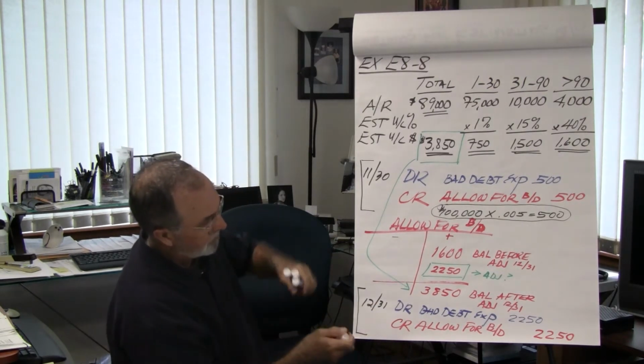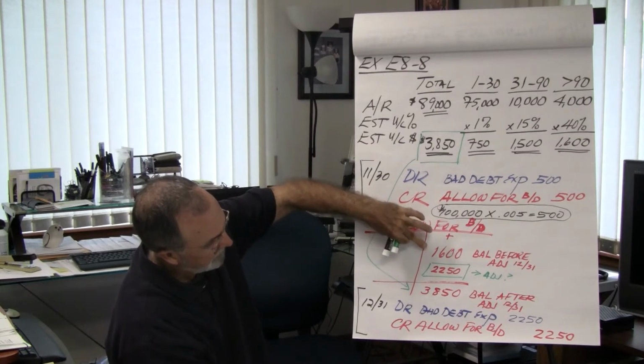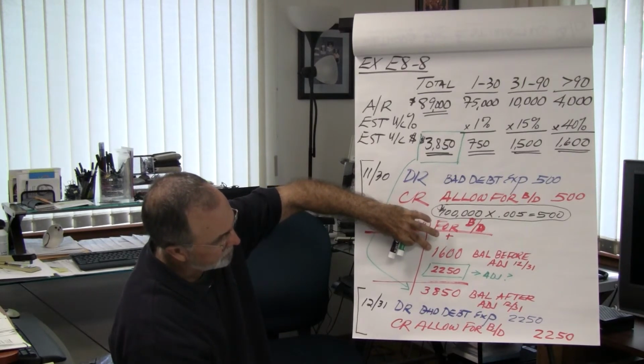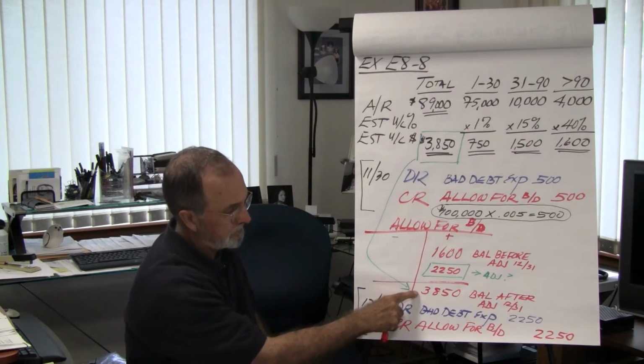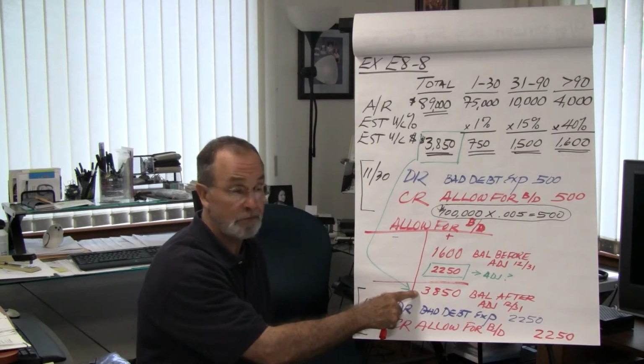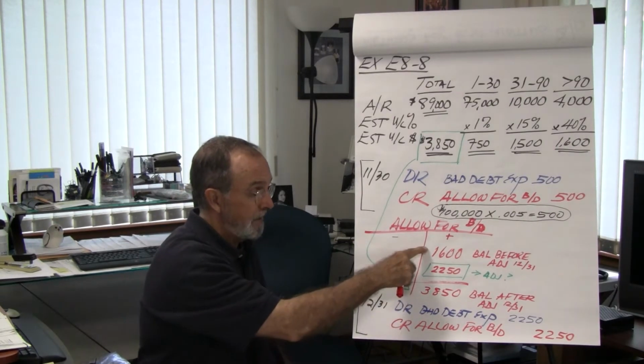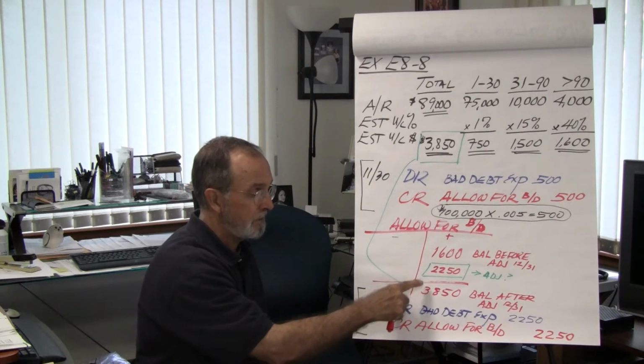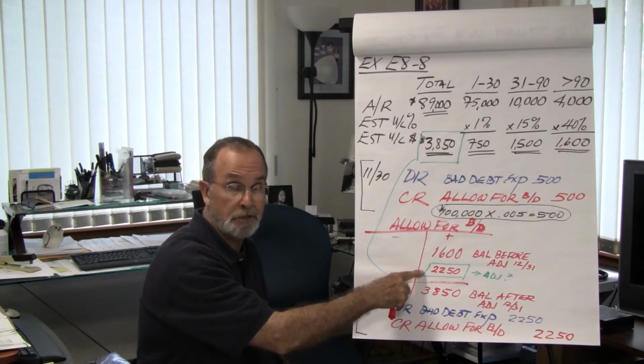And then we consider the balance in the account before adjustment and the desired balance in the account after adjustment, and calculate the amount of our adjustment.